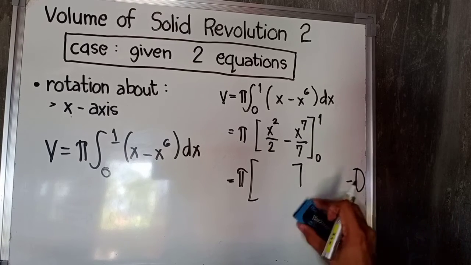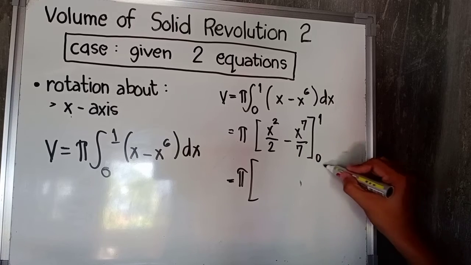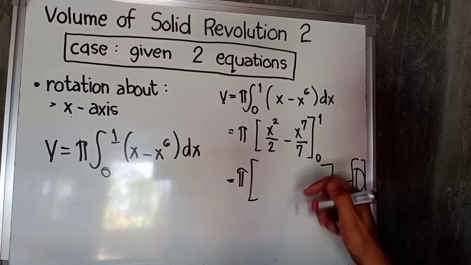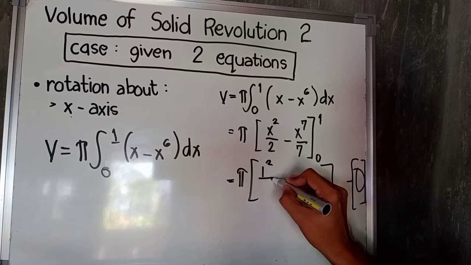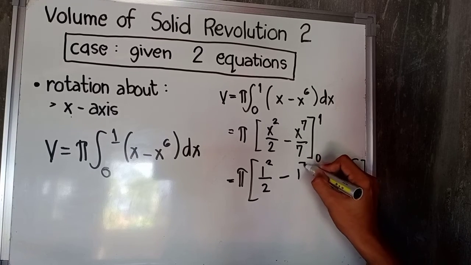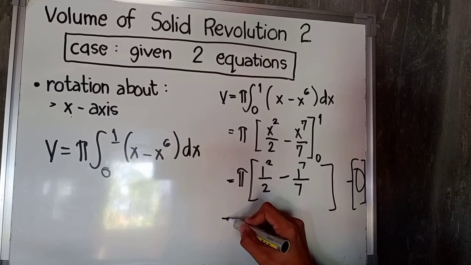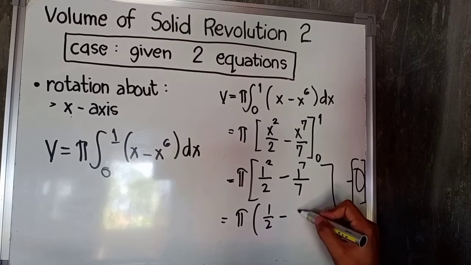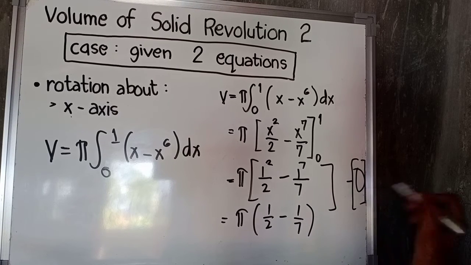So, katulad ng ginagawa natin before. So, ganyan yan. Then, dito is 1 squared over 2 minus 1 raised to 7 over 7. So, this is equal to 1/2 minus 1 over 7 minus 0.